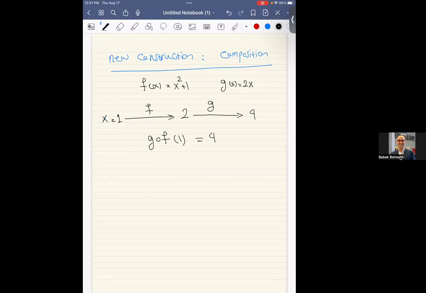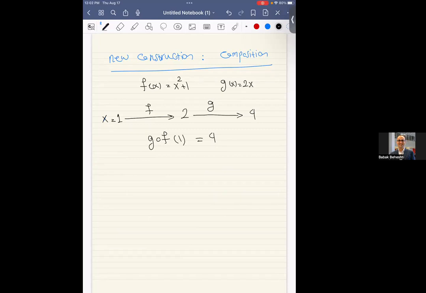Because first f acts, you have to write it on the right, just next to 1. And then you write g. So you write f just next to 1, and then you write g. But in the picture, you see first f, and then g. So make sure you understand what's going on here. Okay. Another thing.